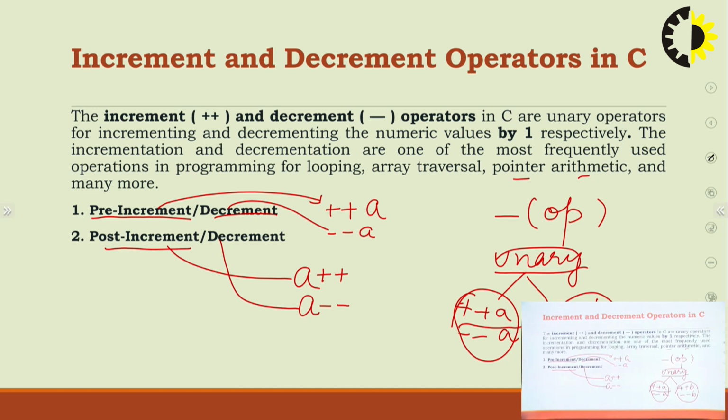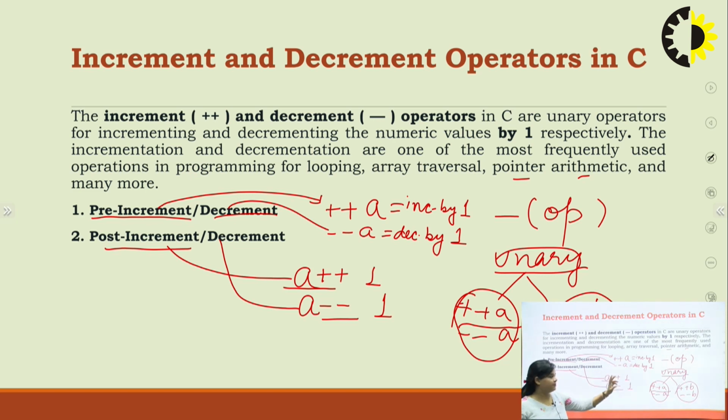And what it does, it increases the value by 1. This also decreases by 1. The same thing goes here also: increase by 1 and decrease by 1. But they have their own significance, right?